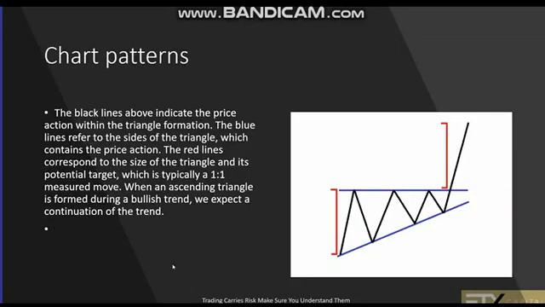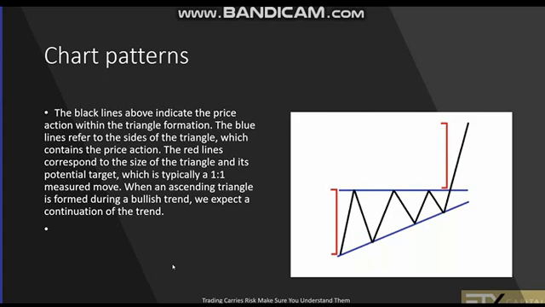Now, in this example, the black lines above indicate the price action within the triangle formation. The blue line refers to the side of the triangle, which is the support and resistance lines, and the red lines correspond to the size of the triangle and its potential target. This potential target is usually a one-to-one measured move.